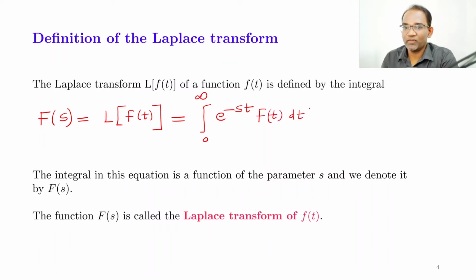So this is how we define the Laplace transform. The integral in this equation is a function of the parameter s, and we denote it by F(s). Now the function F(s) is called the Laplace transform of f(t).